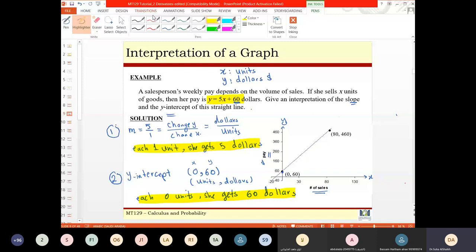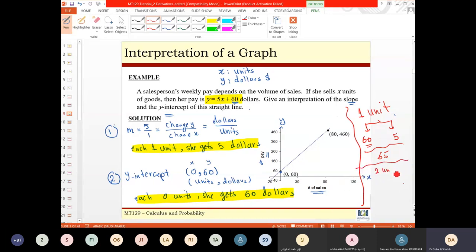فعلى حسب هذا مثلا if she sells 1 unit كم راح تستلم؟ ال60 هذه ثابتة تاخذها دائما صح؟ And each 1 unit she will get $5 فمعناها she will get $65. طيب say she sells 2 units. ال60 هذه ثابتة، ولكل واحدة من اليونت she's getting 5 so 10, so she will get 70 and so on. طبعا equation is very helpful هنا. الحين لو قلت إن she sells 10 units, معناها she will get 5 في 10 plus 60 which is 50 plus 60 which is 110.